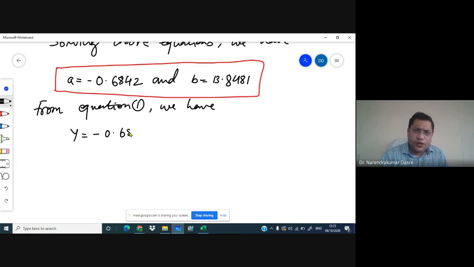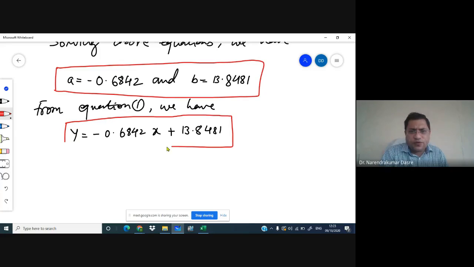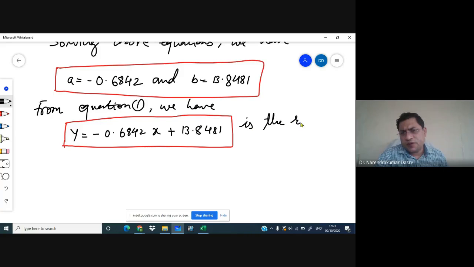Y is equal to minus 0.6842 x plus 13.8481. Okay, so that is the line we have, or this is the linear model for the situation. So this is the required straight line.